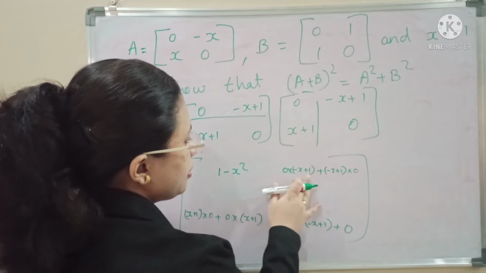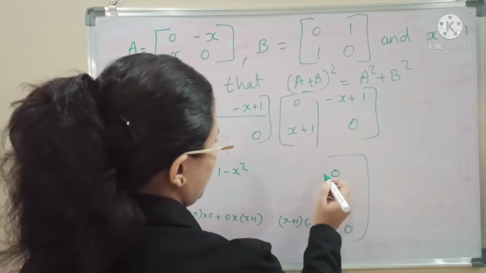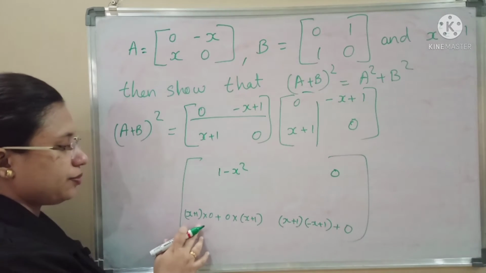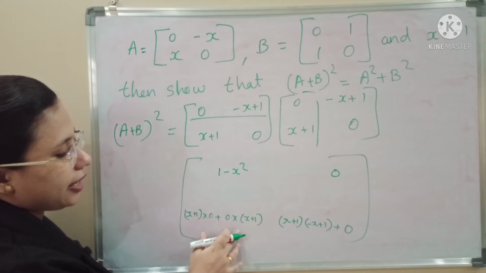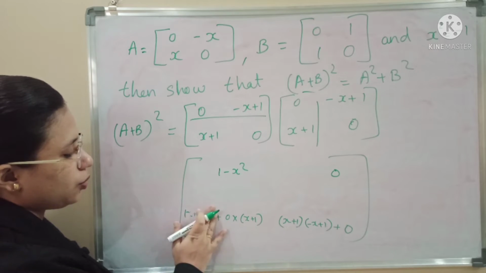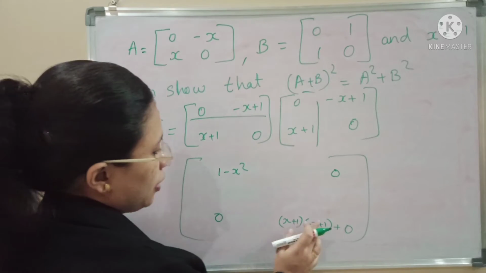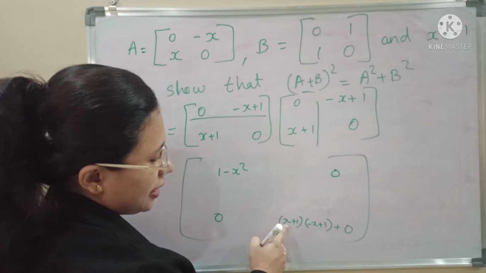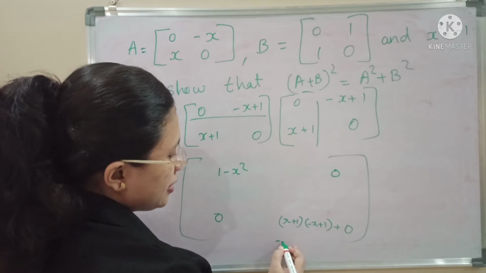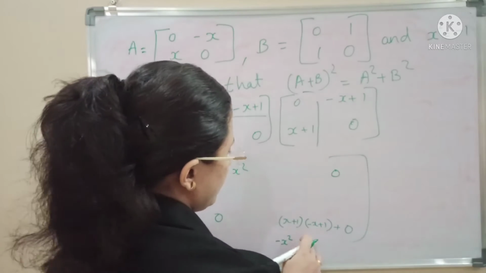Now here 0 into this term plus another term into 0. Okay, so whatever term multiplied with 0, it will give the answer as 0. Here also x plus 1 is multiplied with 0 plus again x plus 1 multiplied with 0, so it will be 0. Now here take first x into minus x is minus x square because 2 x's are there.